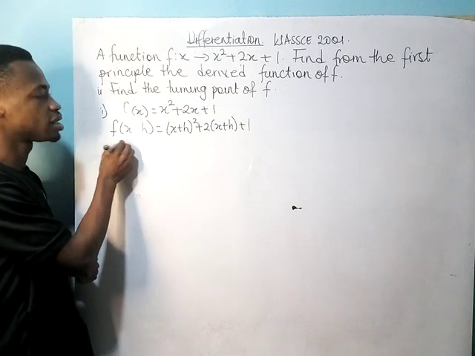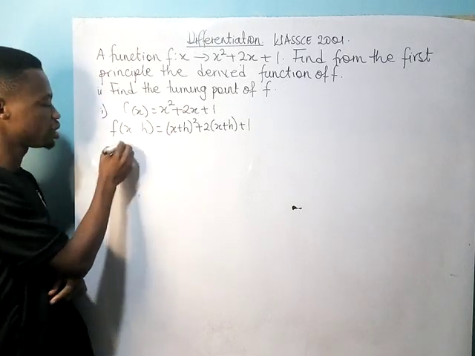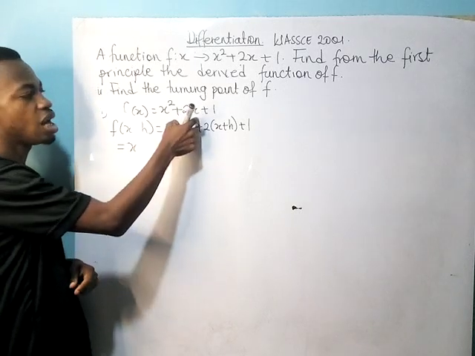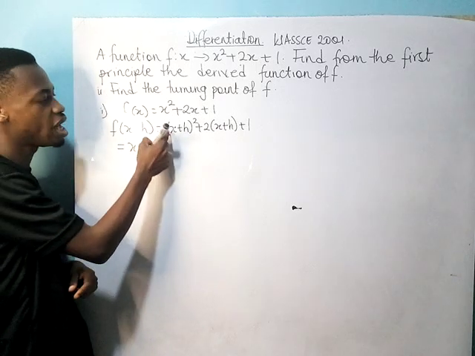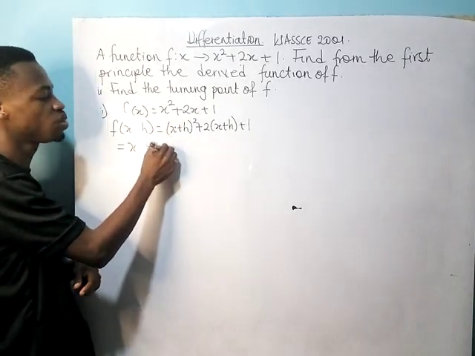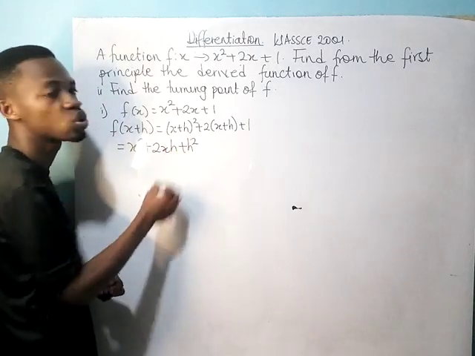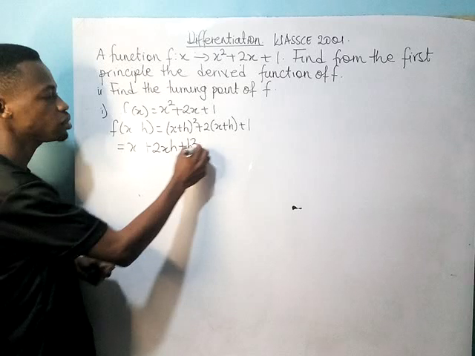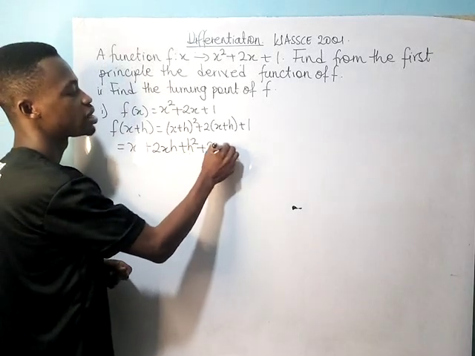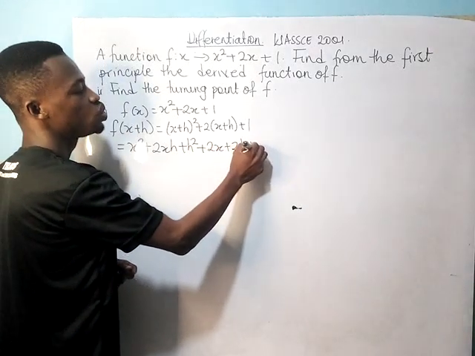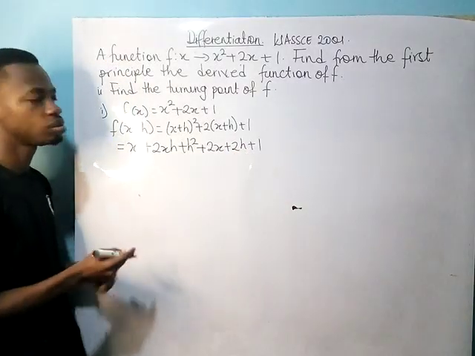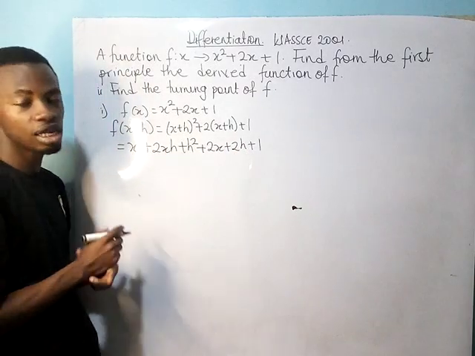Let's expand this. This will give us x squared, x times h times 2 will be 2xh, plus h squared, plus 2x plus 2h plus 1. So these are f of x plus h.